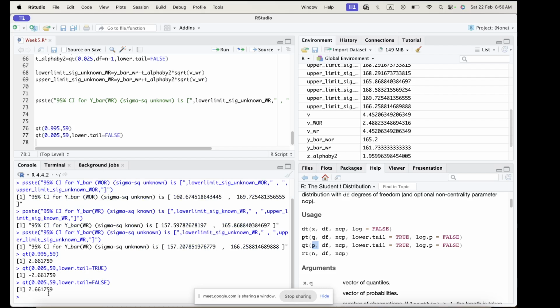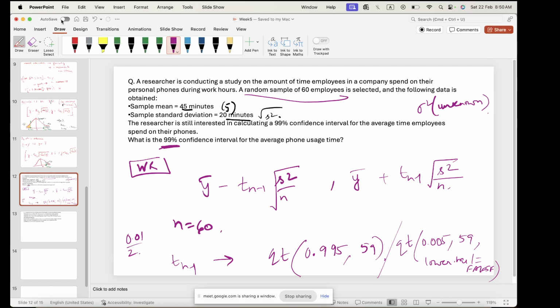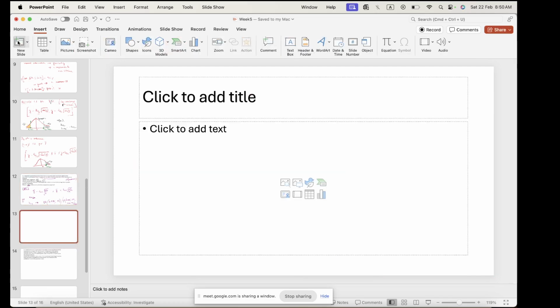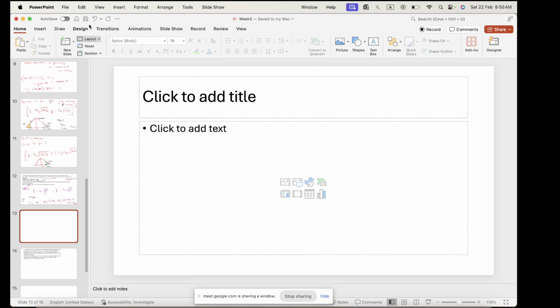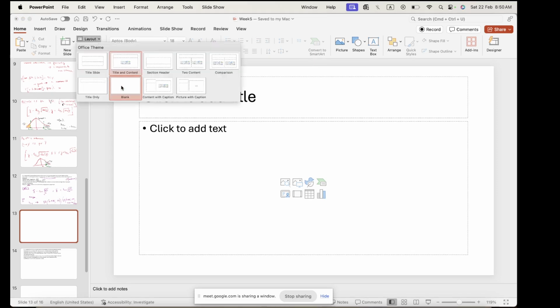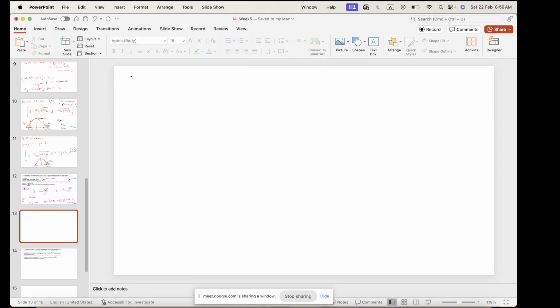Okay, 2-3 key points that we should take into consideration while solving such kind of problems: what is the percentage of confidence we need?